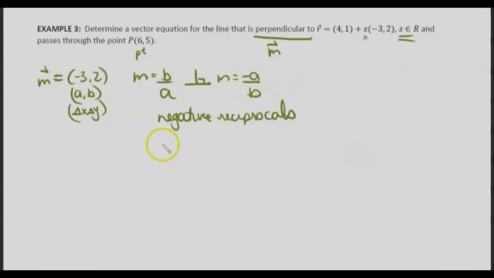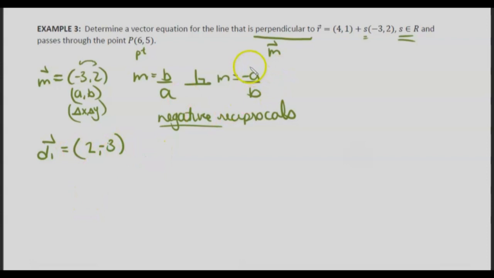So when we're thinking of vector M, what is our vector that's perpendicular? Let's just call it direction vector 1. So instead of (-3, 2), we're going to flip these, and we're going to get (2, -3). And now what we have to do is take the negative of one of these.